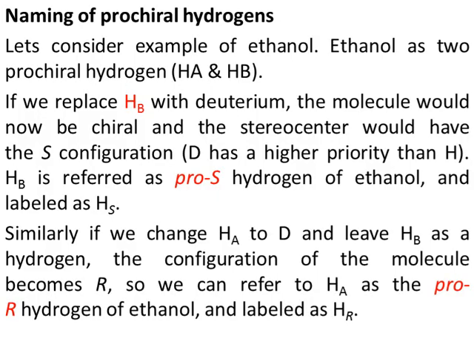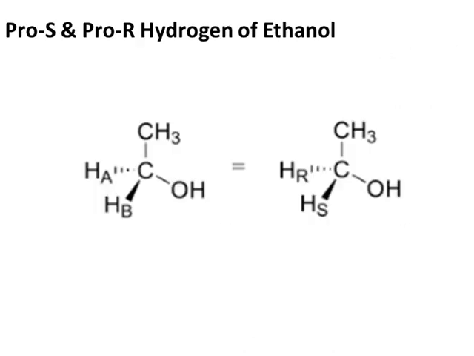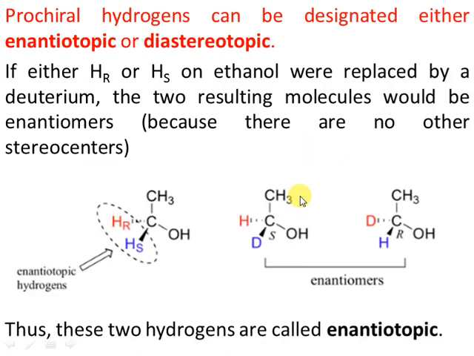So if we change HA to deuterium and leave HB as such, then the configuration of the molecule will become R. So HA is called the pro-R hydrogen and is labeled as HR. You can see here that the other is designated as HS. So this hydrogen is a pro-S and this hydrogen is a pro-R.